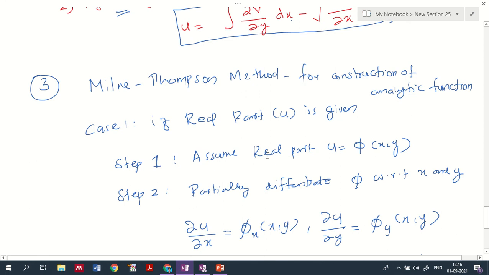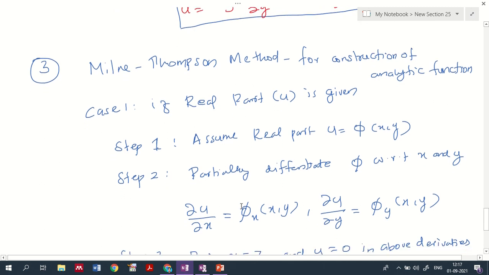The first step is to assume the real part u equal to phi(x, y). This I have done just for convenience. Then partially differentiate phi with respect to x and y, that is, dou u by dou x is equal to phi_x(x, y) and dou u by dou y is equal to phi_y(x, y), because we are differentiating with respect to x and y.